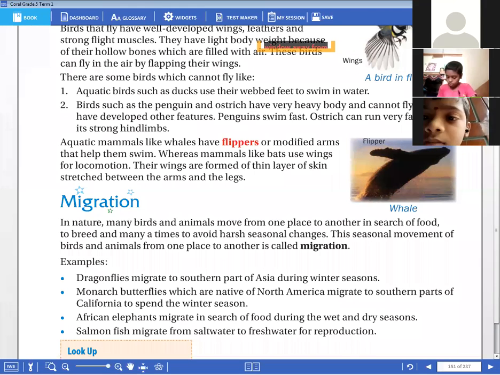Now we can see more dragonflies in our place also, no? Our elders will say, if the dragonflies are flying, the rain will come. It is just a saying spoken by most of our elders. Hey, see, there are many dragonflies flying. It will definitely rain. Yes or no?